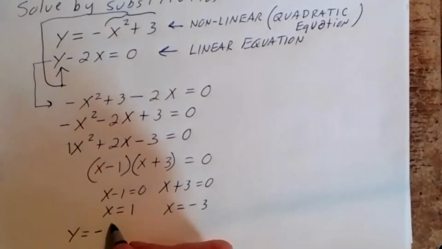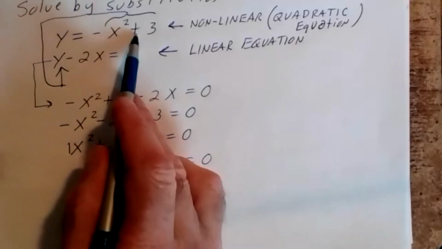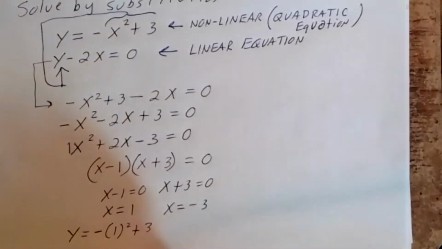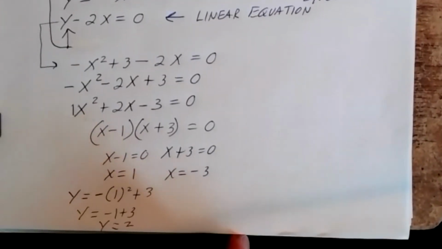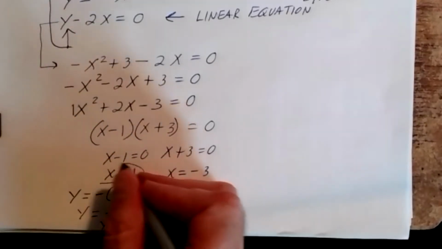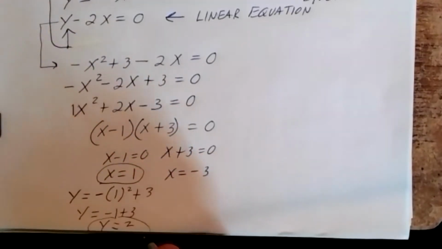My x is 1, so y is the negative of 1 squared plus 3, or negative 1 plus 3, which is 2. So one ordered pair solution that we've discovered is (1, 2).